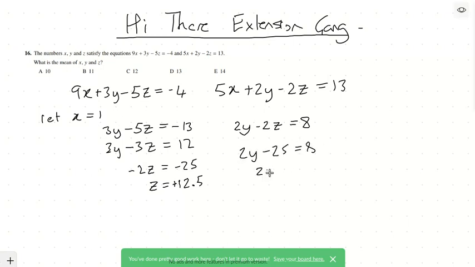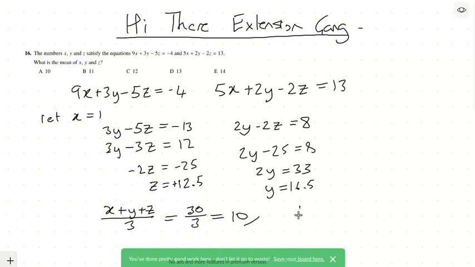So 2y is 33. And so y is 16.5. And so x plus y plus z divided by 3, that's clearly how we're going to work out the mean, is going to be 30, because 1 plus 12.5 plus 16.5 is 30, divided by 3, which is 10. And so the answer is A for that first one.